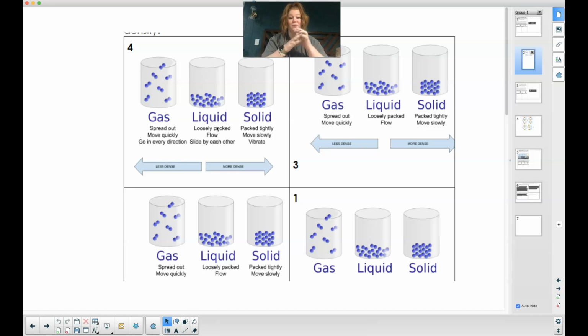They just flow with each other and they just slide on by. And the solids are packed in there tight. And they're moving very slowly. They're just vibrating back and forth to create that movement. So that 4 just gives all of the details, and maybe a 3 has most of them, a 2 has half of them, and a 1 doesn't really have any of the details.